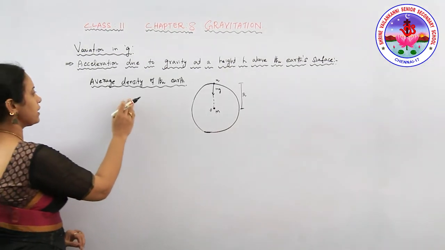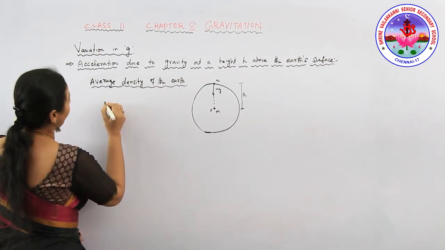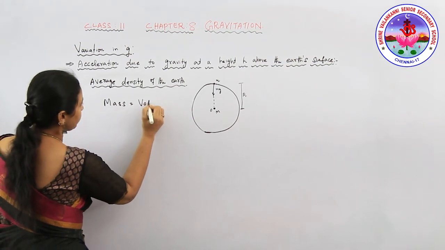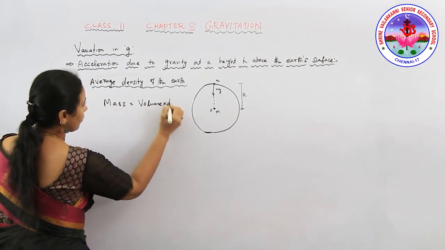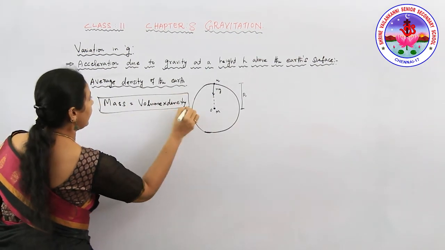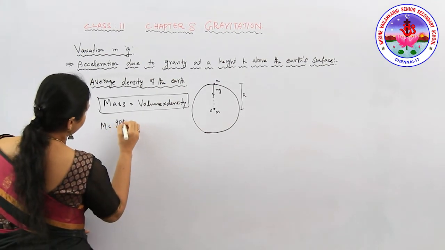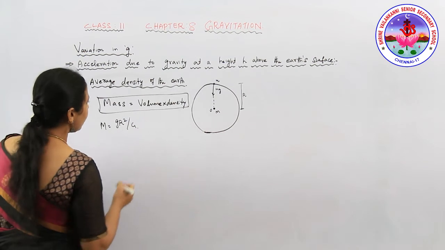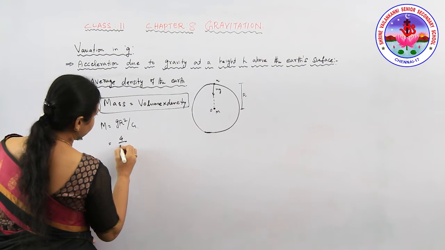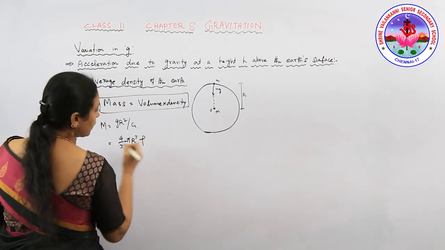So the average density of the Earth. For the average density of the Earth, we use the basic formula: mass is equal to, what is the formula? Yes, volume into density. Right. As we know, mass M is equal to g r squared by G. The Earth's volume is equal to 4 by 3 pi r cube, into the density, denoted by rho.